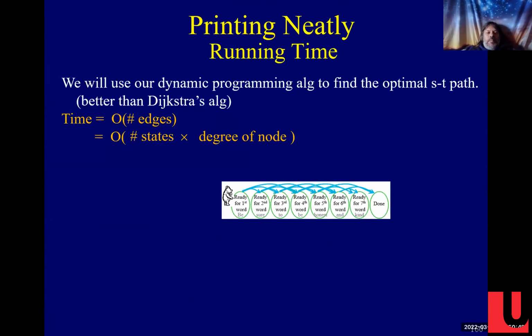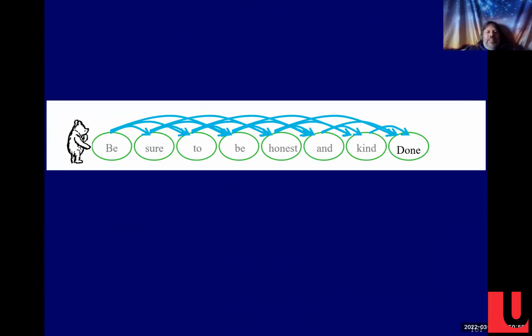Look at our graph here. How many edges are there? Well, how many nodes are there? There's a node for every word, right? You can't blame us for having one node for every word. And then for every word, how many edges out? Well, it's how many words will fit on a line, right? There are 11 spaces on each line divided by the number of words.